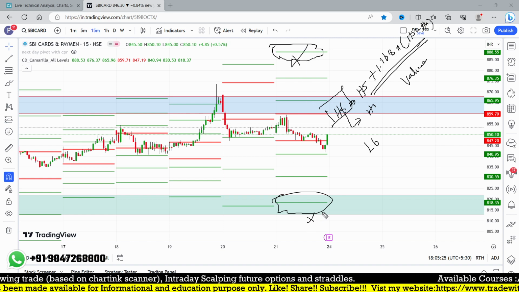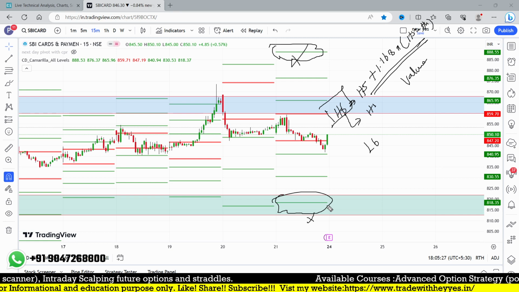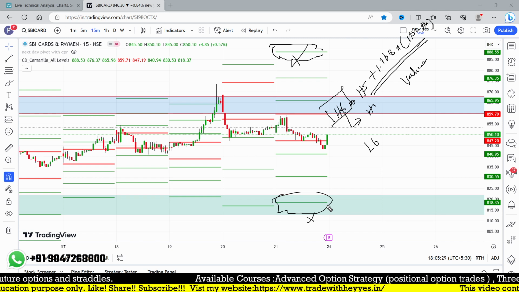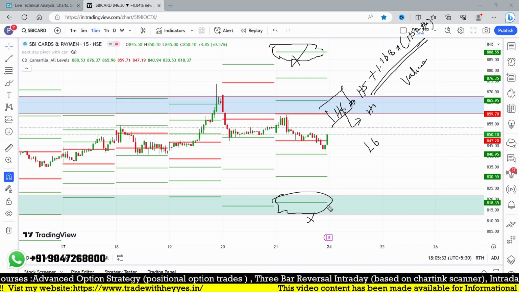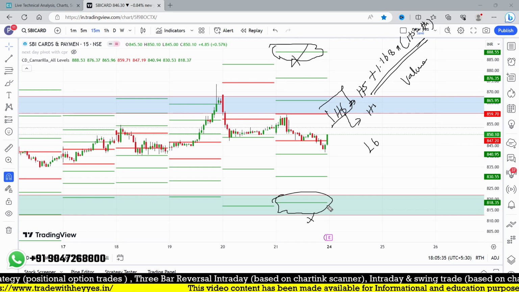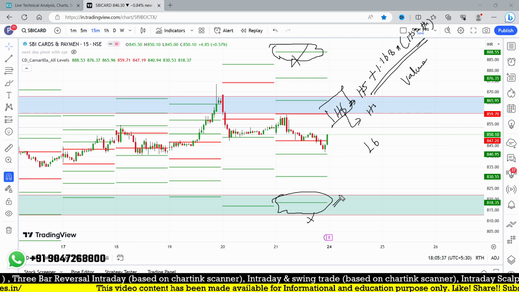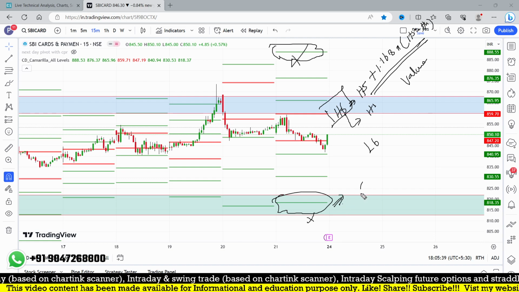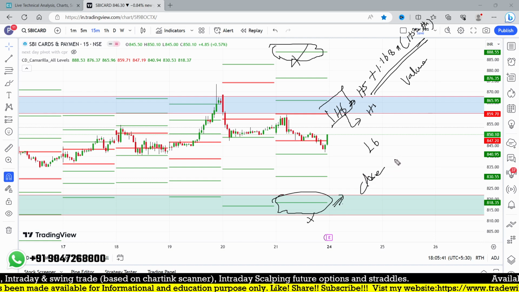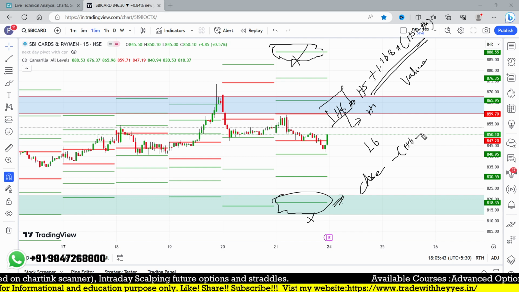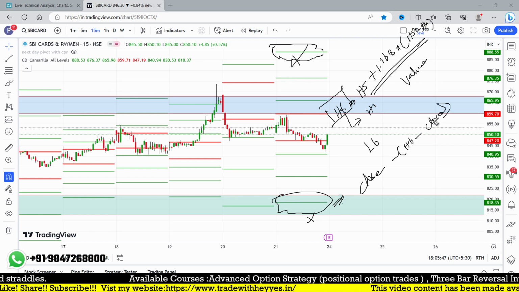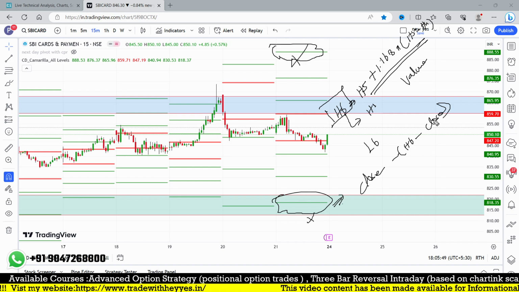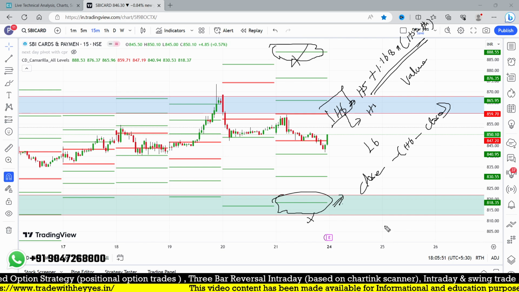That is the reason the first level is very important. After creating R6, we can create S6, that is nothing but resistance 6 and support 6. So this is the L6 scanner formula: the previous day's close, minus (H6 minus close). So the H6 formula is entirely different, and the L6 formula is also entirely different.